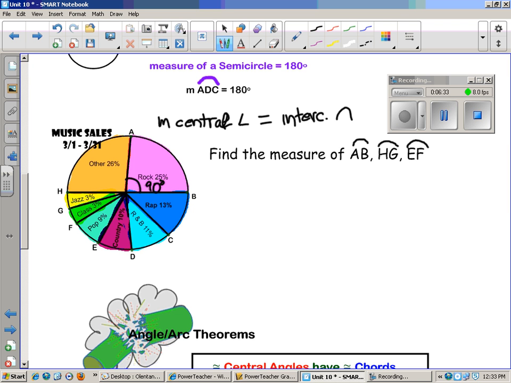Doesn't it make sense that if this angle took up 25% of the circle, this would also be 25% of the outside of the circle? So if this is 90 degrees, this is also 90 degrees.